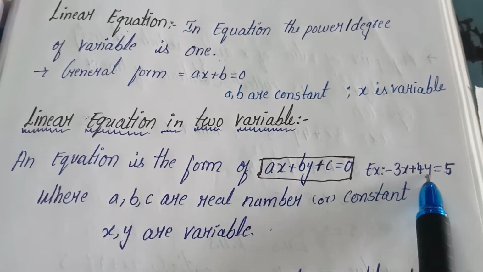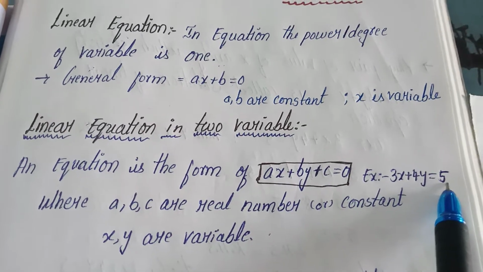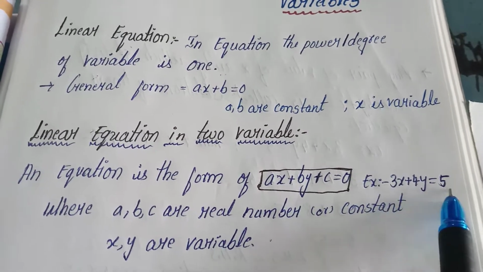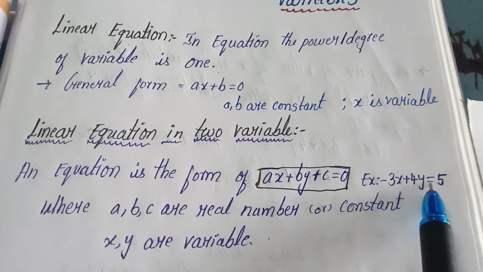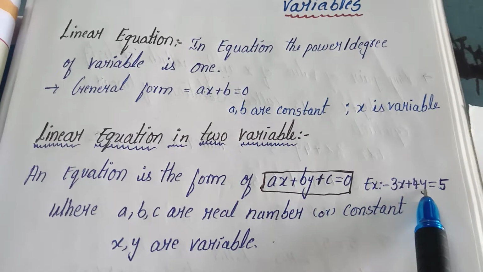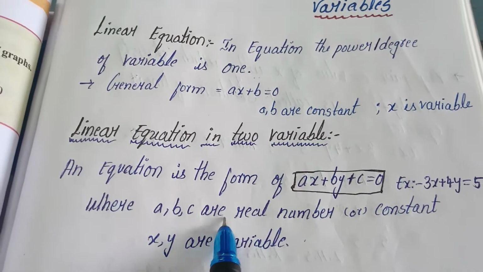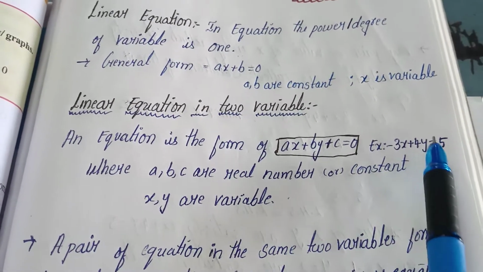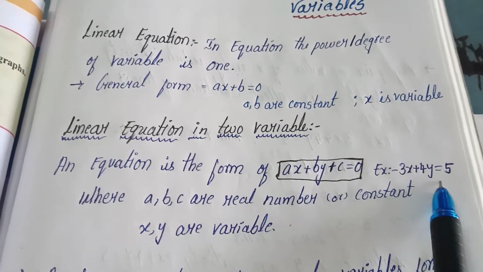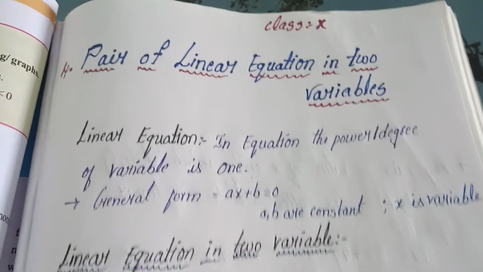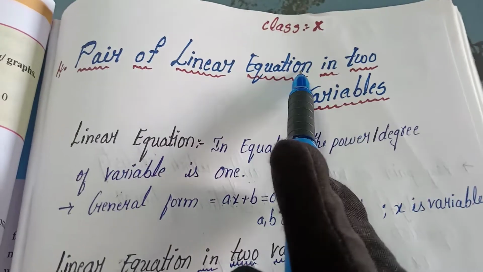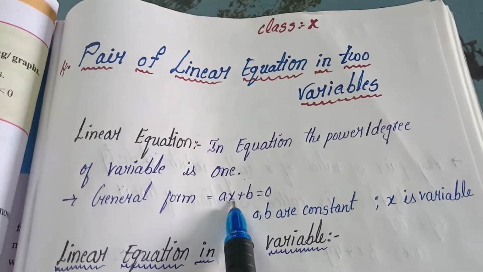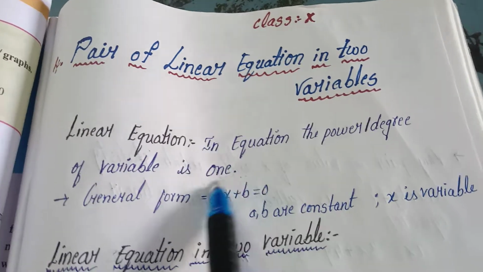So 3, 4 and 5 are numbers, whereas x and y are variables, where a, b, c are real numbers or constants. This is the example of linear equation in two variables. We are discussing the linear equation, where only the power 1 is there, and it is the general form.